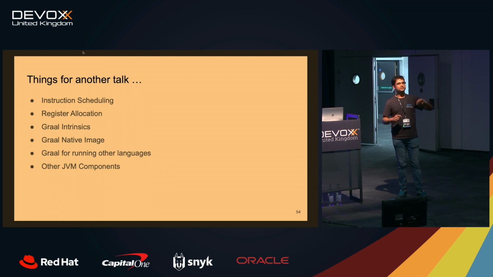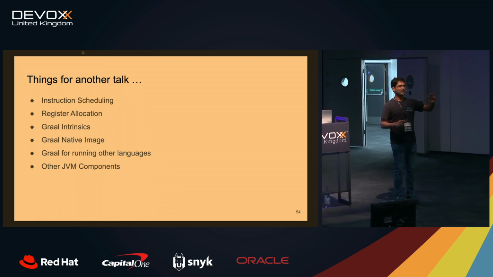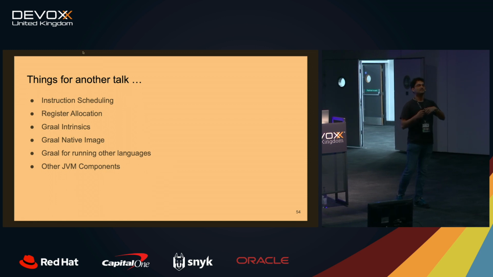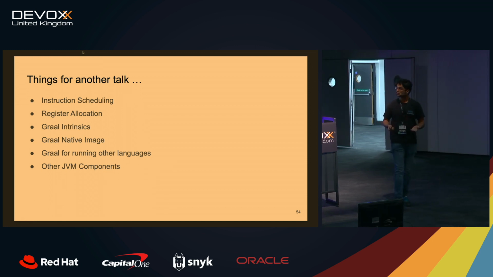In the graph-based representation, if you have a particular method, let's say String.indexOf, you say, okay, this is the method. Don't do anything during the optimization phases to this particular node. Let me handle it. And at the end, you emit a sequence of assembly instructions for that. So these are the Graal intrinsics.